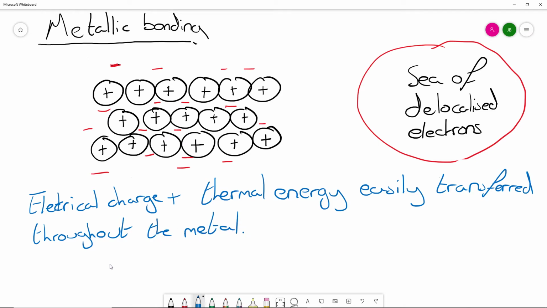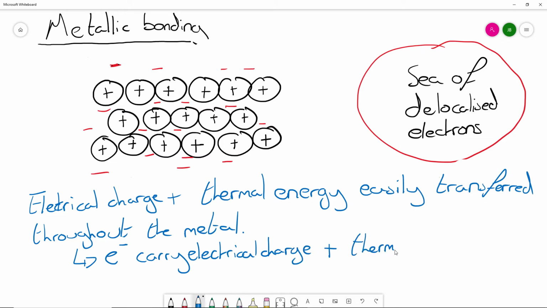Now, the reason for this is the sea of delocalized electrons. They carry the electrical charge. So electrons, I'll do e minus for this. I'll do lowercase e. That's proper nomenclature. e minus. So electrons carry electrical charge plus thermal energy.